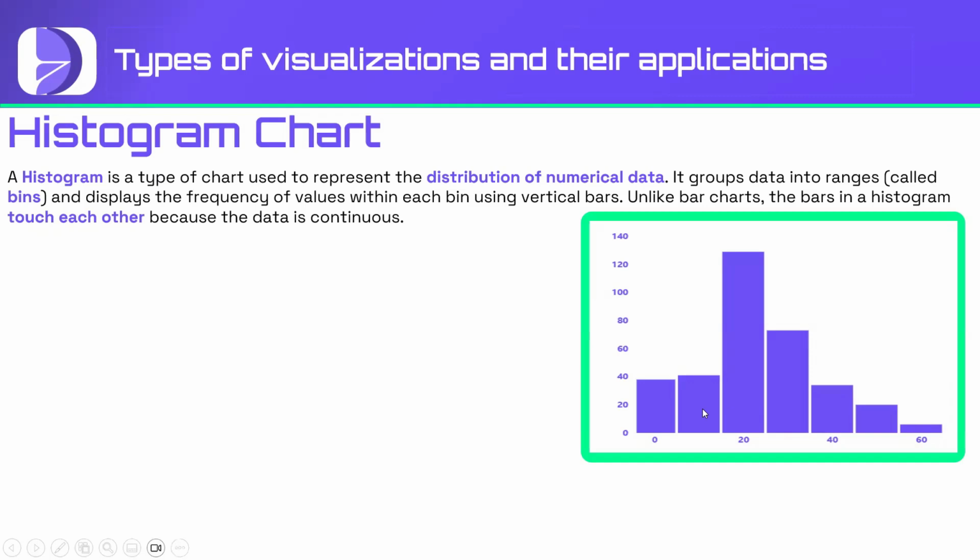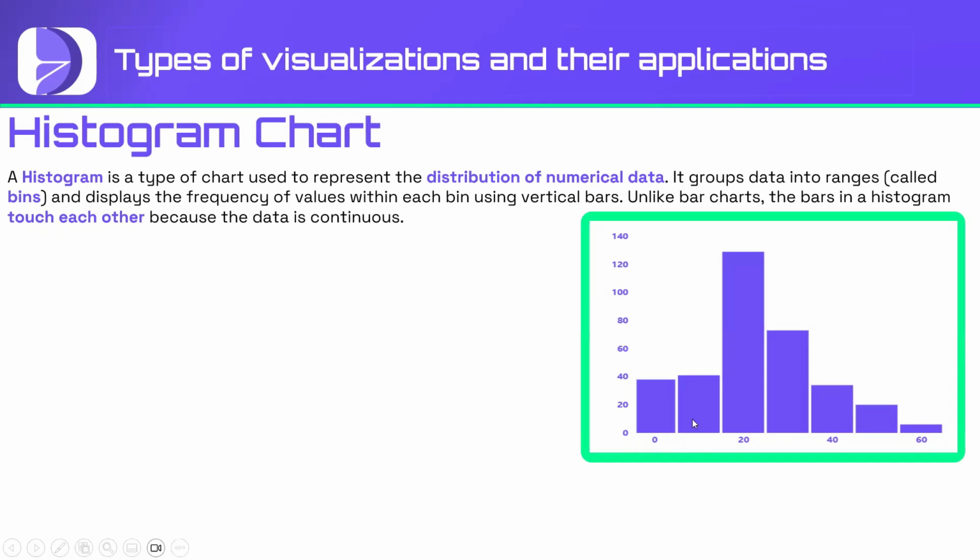Okay, let's look at this histogram. This is an example of a histogram. Look at how it's been grouped: 0, 20, 40, 60. From the grouping, this could be maybe 0 to 7, then 7 to 14, and 14 to 20, something like that.